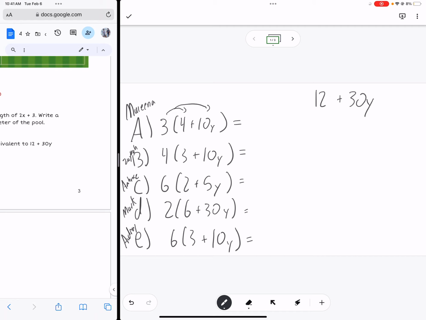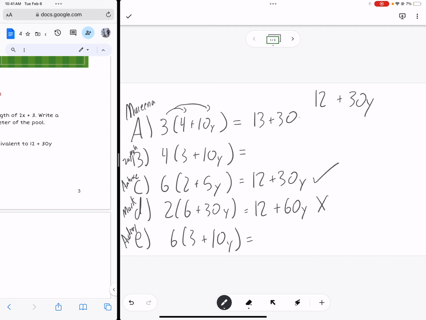Awesome. So let's go with Ambrose, letter C. What did you get when you distributed? 12 plus 35y. Is that a correct answer? Yes. Let's go with Mark. What did you get for letter D? 12 plus 60y. Is that a right answer? No, it's not. Let's go with letter A. Marina, what did you get? 12 plus 30y.